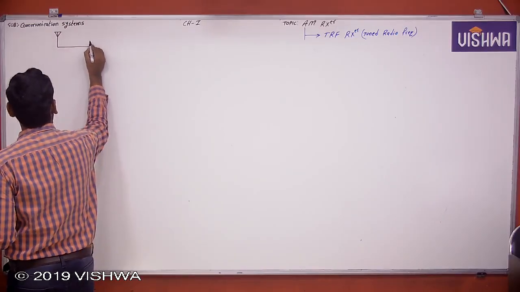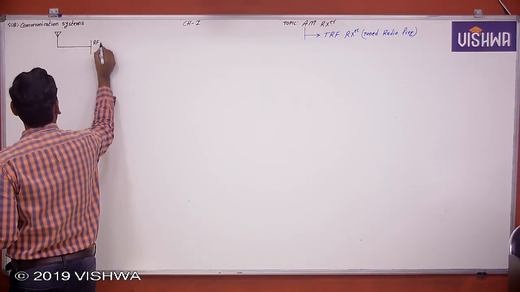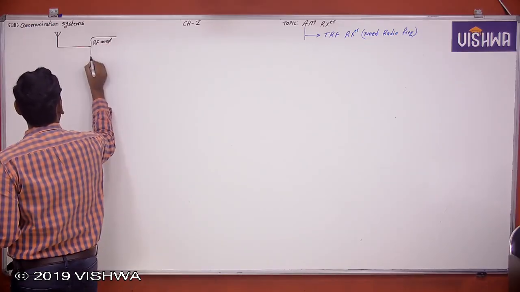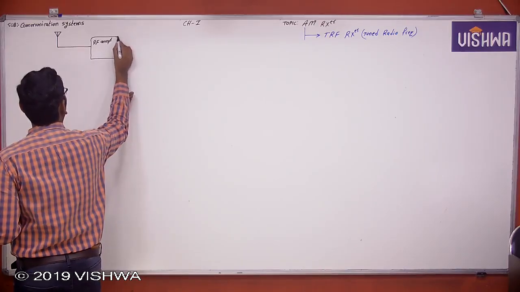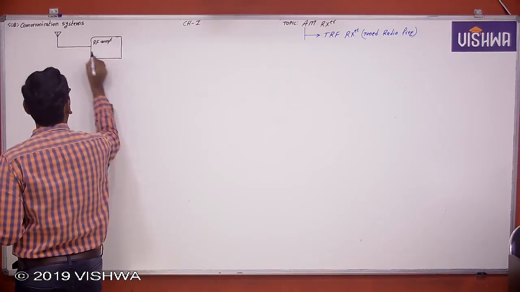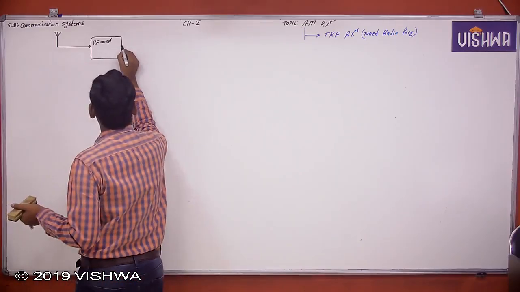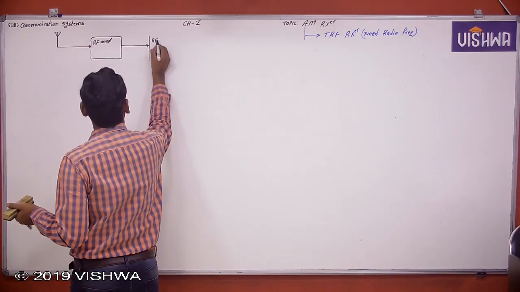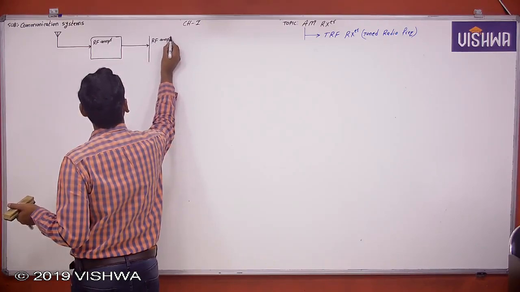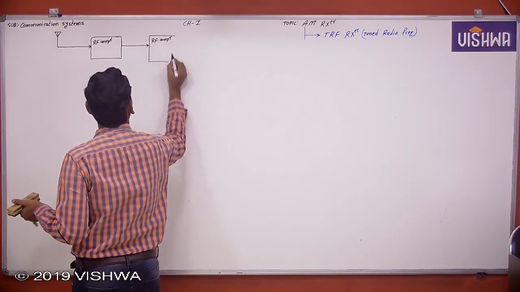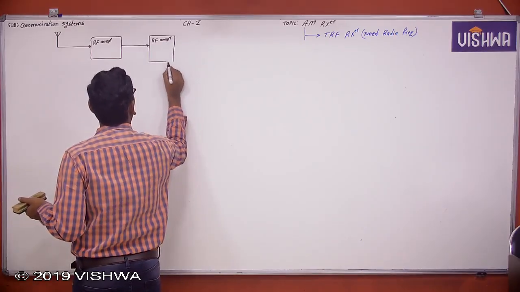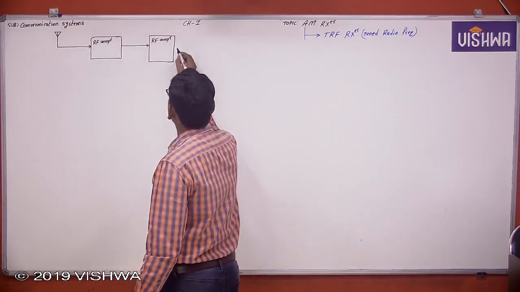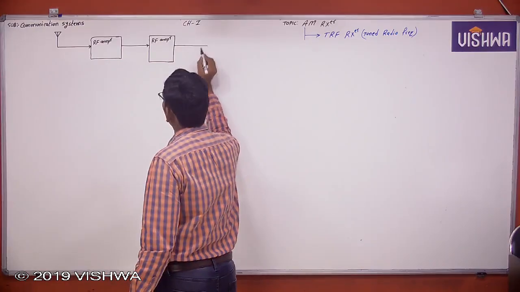Incoming signal means RF signal. Therefore, this is the RF amplifier, which increases the high frequency signal strength. The incoming signal is passed through several amplifier stages, then goes for demodulation.